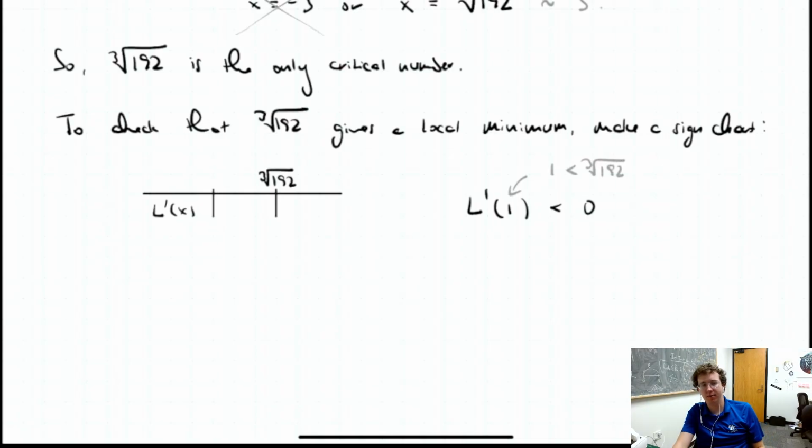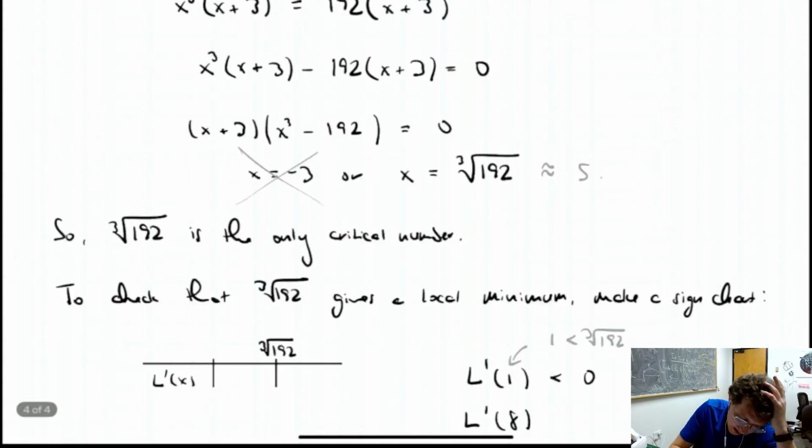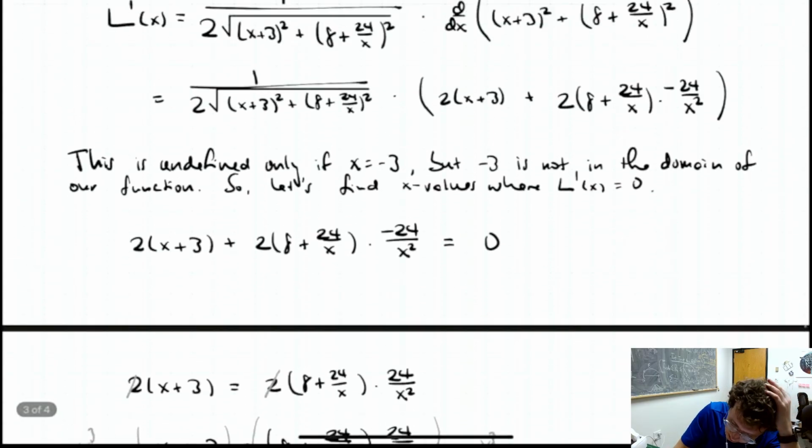And again, to be clear, these are details that are messier than anything we would give you on the final exam. What's something greater than the cube root of 192? I think 8. 8 is a good choice. I'm thinking of 8 because 24 gets divided by x.